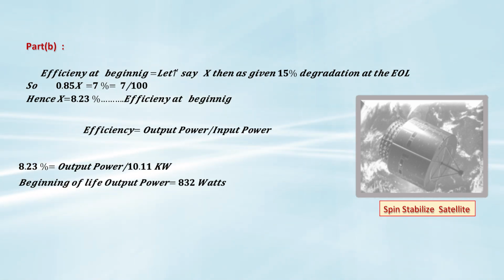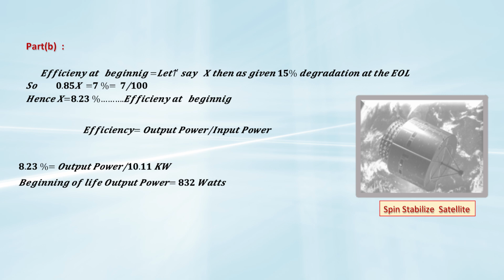With this relation we can find the value of x, that is the efficiency at the beginning of life, and it comes out as 8.23%. And again using the efficiency relation, where efficiency is equal to output power over input power, we put in the efficiency at the beginning and the input power, and we are able to find the beginning of life output power. That will come out as 832 watts.